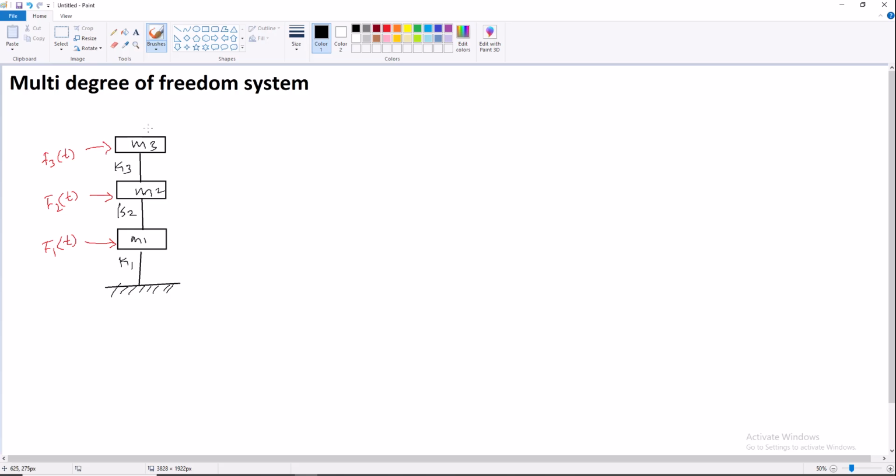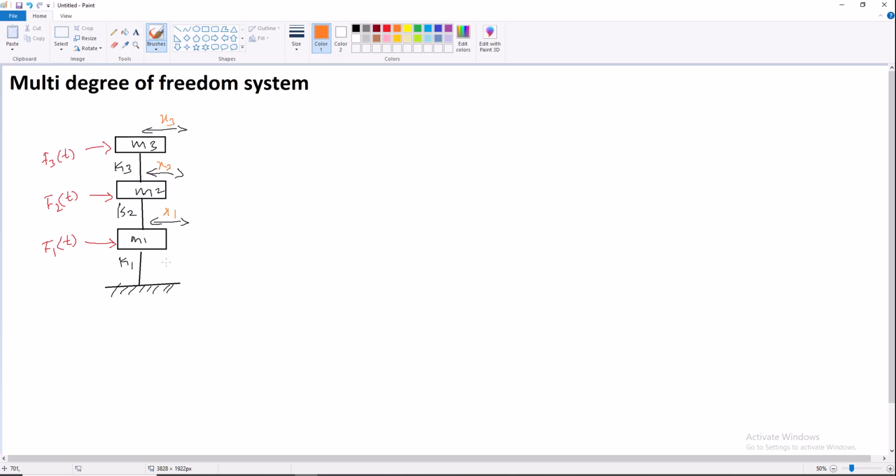The deformations are expected in this direction. As the force is acting in this direction, the deformations are also expected in this direction. So I would like to take x1 deformation, x2 deformation and x3 deformation.